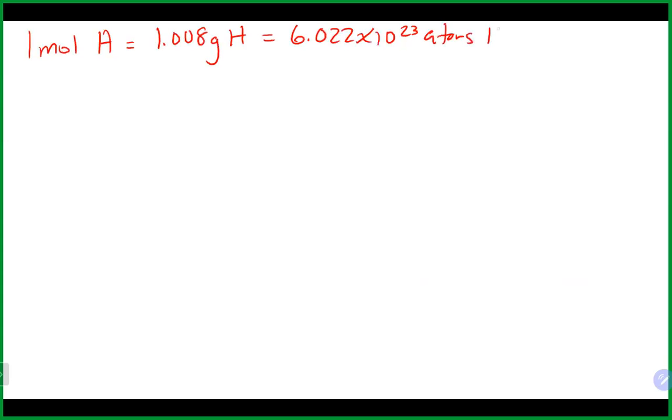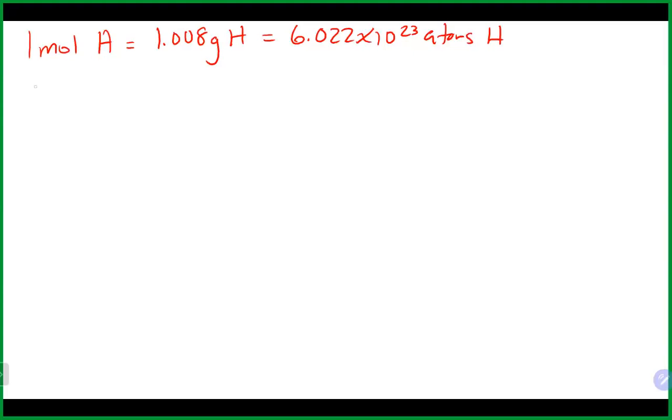So the relationship is this: if I had 1 mole of hydrogen, that would equal 1.008 grams of hydrogen. And that would also have 6.022 times 10 to the 23 atoms of hydrogen.